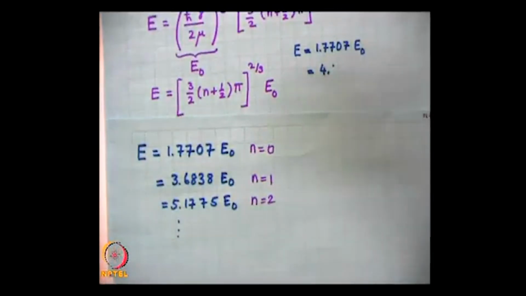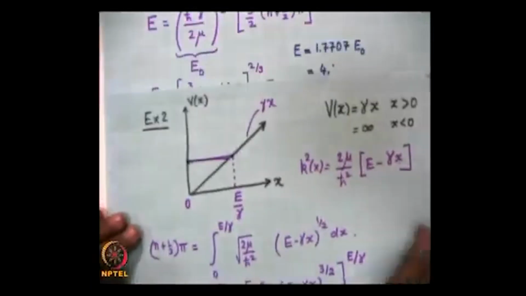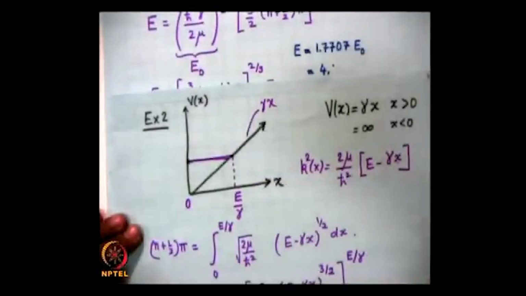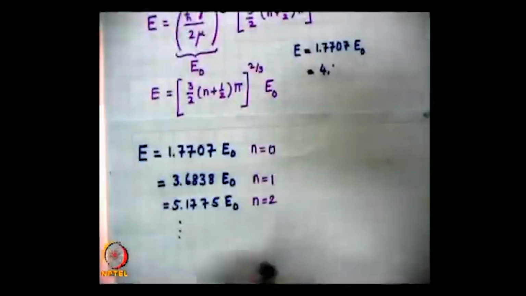This particular problem, the linear potential that I had considered, can be solved in terms of Airy functions, or rather in terms of Bessel functions. I leave it as an exercise for those who want to do. So, you can solve it very easily with the help of Airy functions.